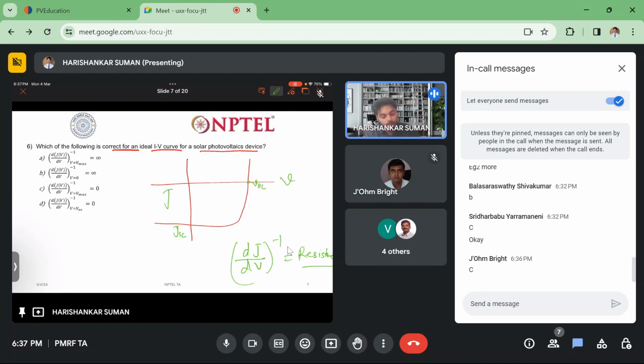The inverse of the slope of the J curve gives the resistance. So please choose two options at J_SC, V equal to 0, and R at V equal to V_OC.